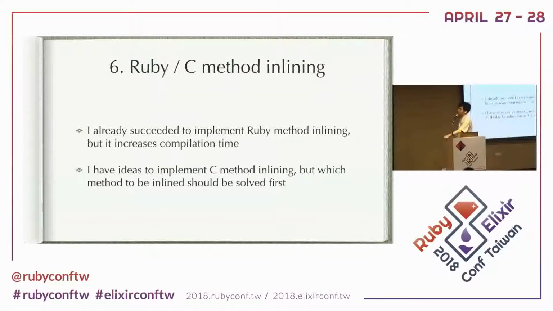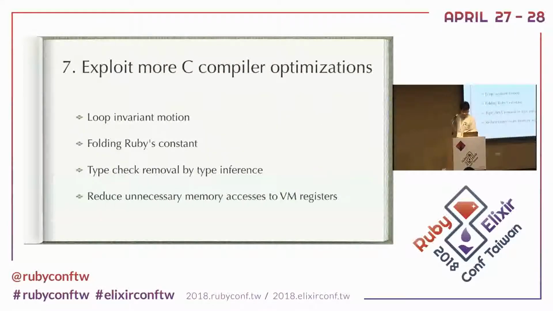And also, I'm planning to implement method inlining for C defined or Ruby defined methods. I already succeeded in implementing Ruby method inlining, but I need to simplify the generated code to exploit more C compiler optimizations. So I want to remove the code unrelated to the loop.